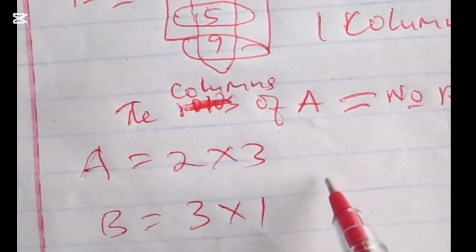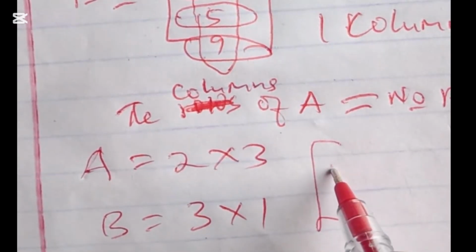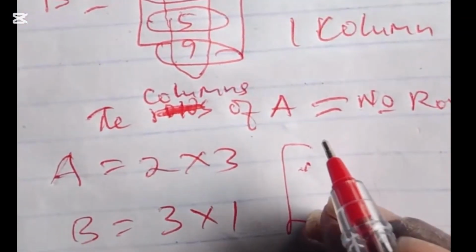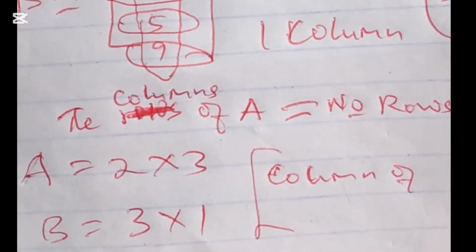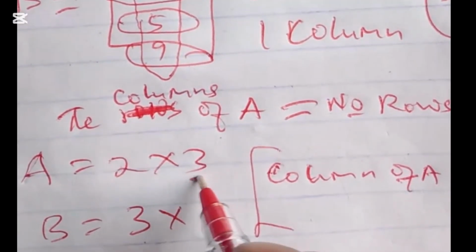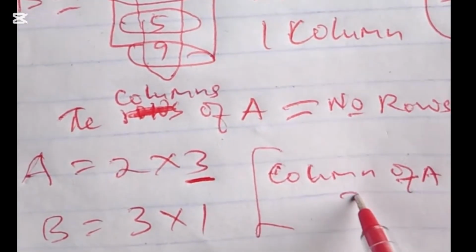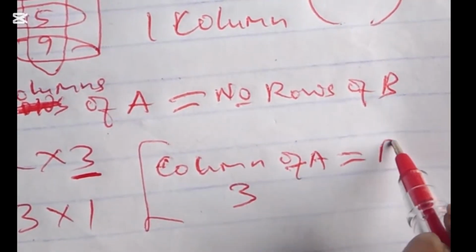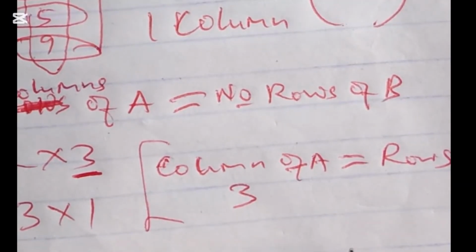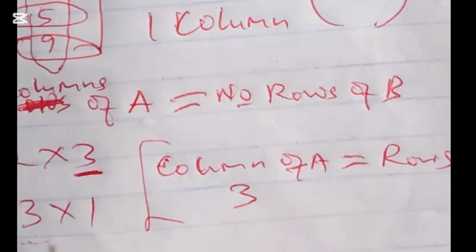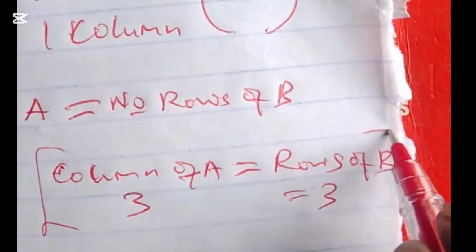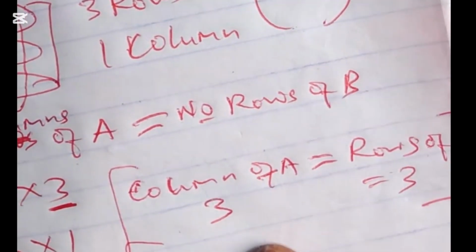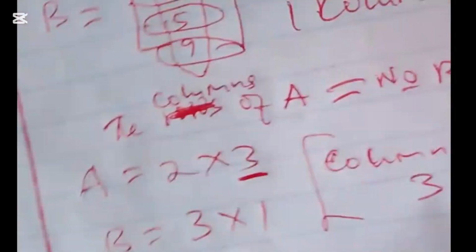The number of columns of A is 3, and the number of rows of B is 3. So they are equal, they are qualified to be multiplied. That's the first thing you check.